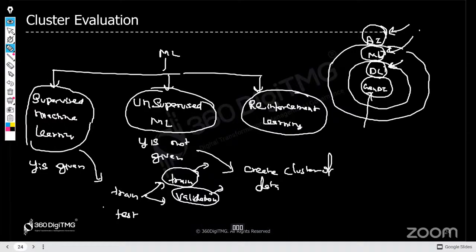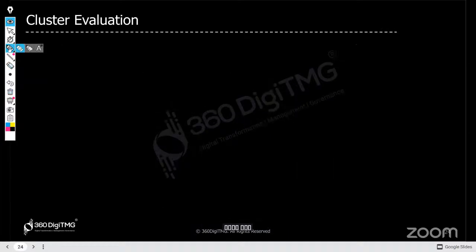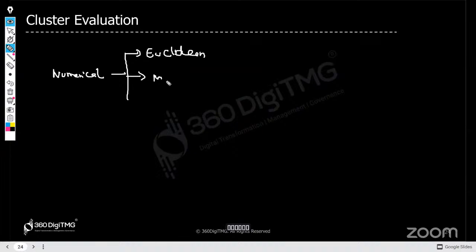Then we studied different distance measurements. For numerical data, we have Euclidean distance, then Manhattan distance, and finally Mahalanobis distance.